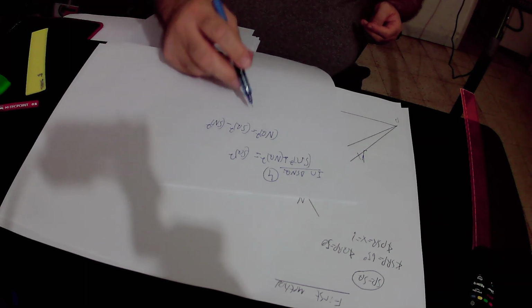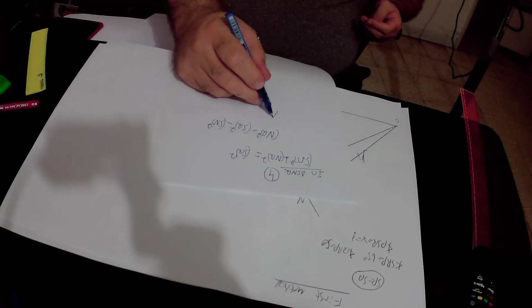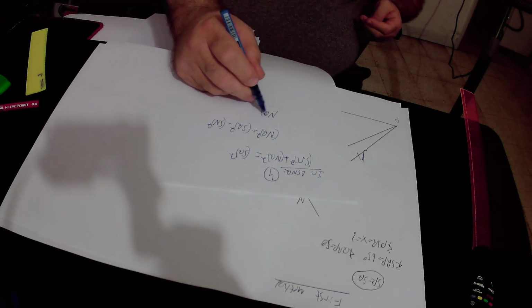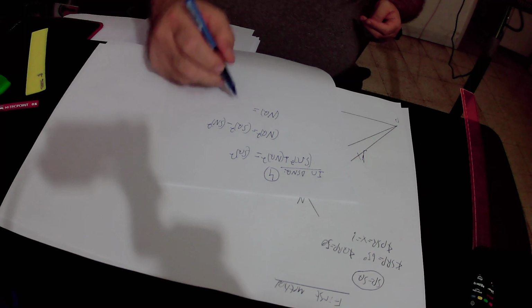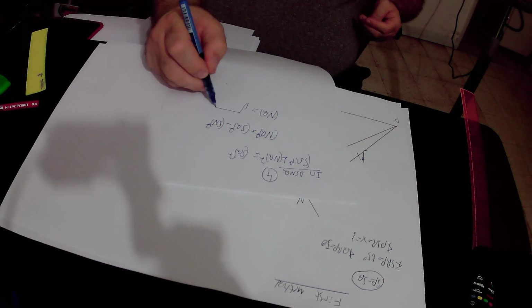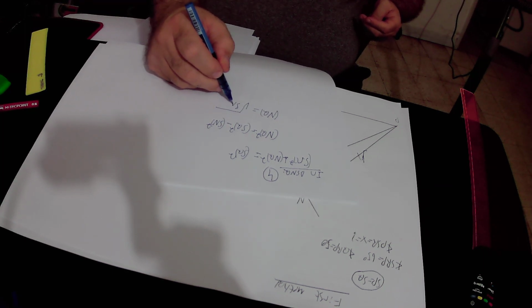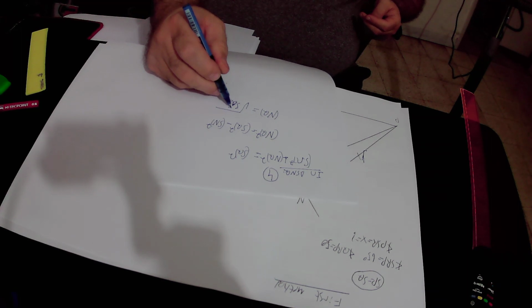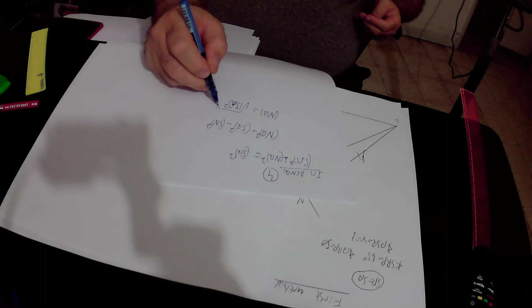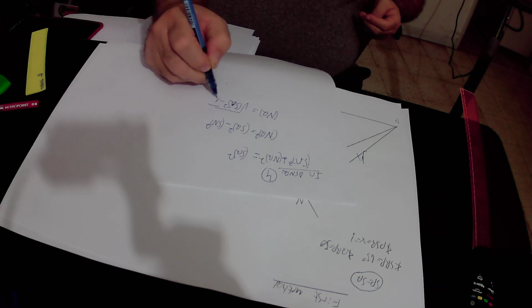So here we will take a root out of this equality, and we will get that NQ is equal to the root of SQ squared minus SN squared.